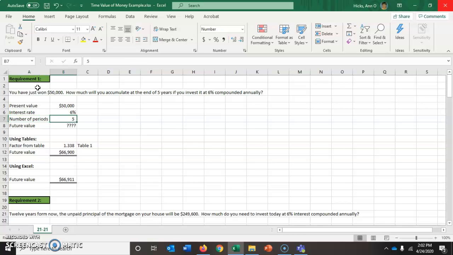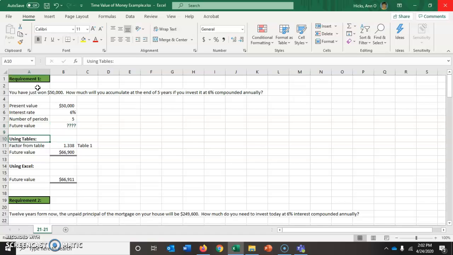In this example, what we're asking is how much we will have at the end of 5 years, so that's the number of periods. What we don't know is how much we'll have. That's the future value, the unknown. So we know the present value, the interest rate, and the number of periods. What we want to find out is how much we will have at the end of this 5-year period. There are a couple of different approaches to this.